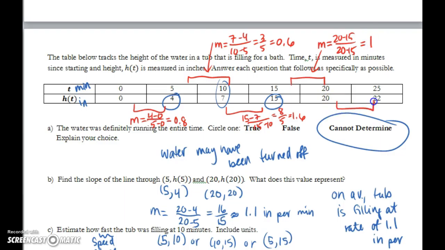And then finally, our last interval, change in y is 22 minus 20 over change in x, which is 25 minus 20, and our slope ends up being 2 over 5, which is 0.4.